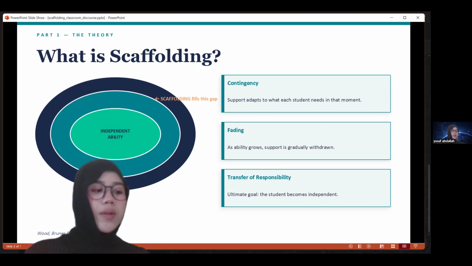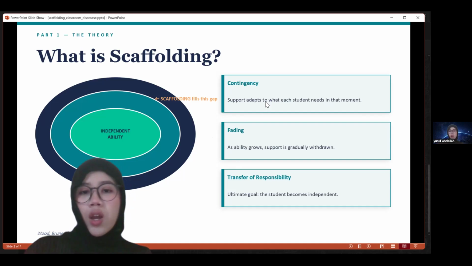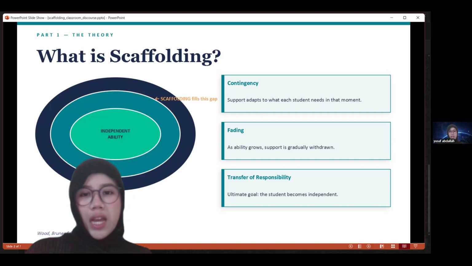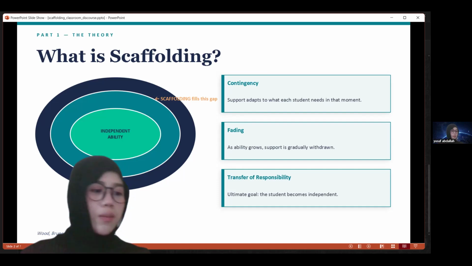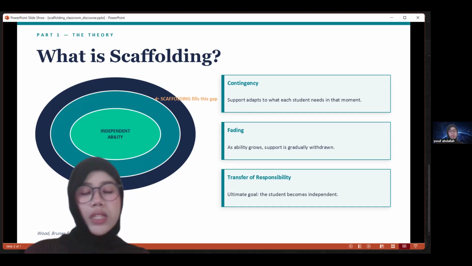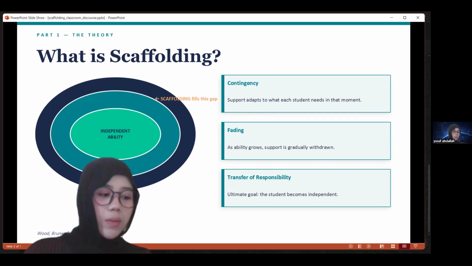It's the temporary, adjustable support a teacher gives a student to help them reach understanding they couldn't reach alone. And it has three defining features. First, contingency. Support adapts to what each student needs in that moment.